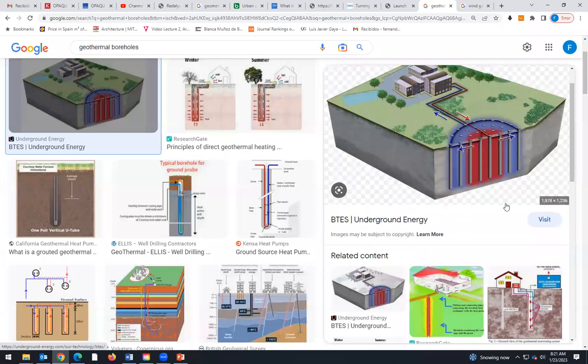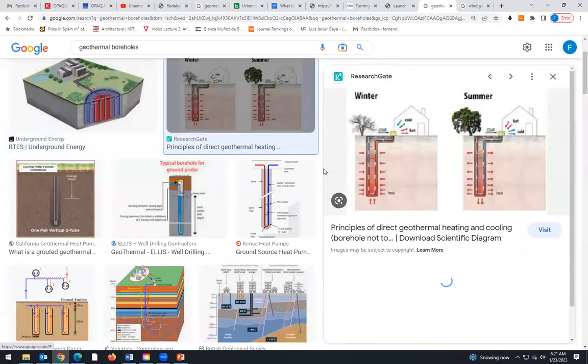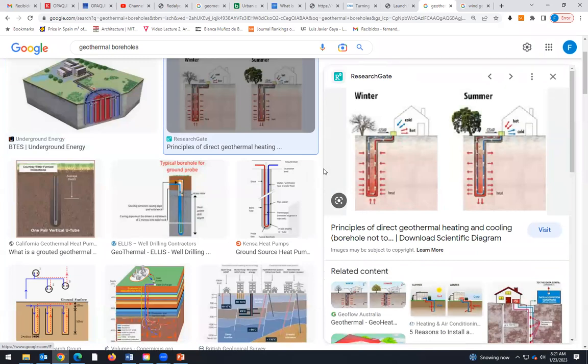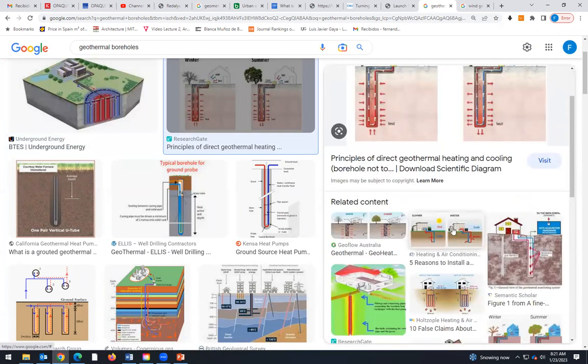So those are the two ways that we have to work with renewable energy in buildings. We can use this geothermal heating and cooling, but shallow geothermal is not the geothermal that makes the most of the heat that we have deep inside the Earth's surface.